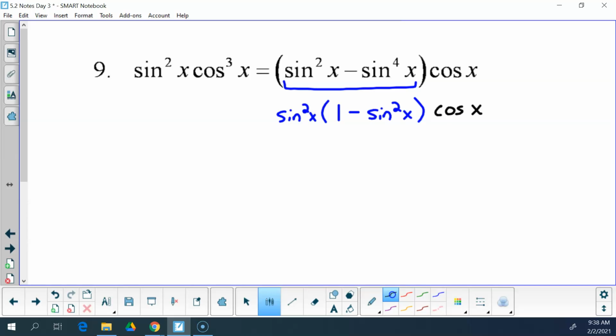That's cosine squared. My trig brain is telling me, what's this?